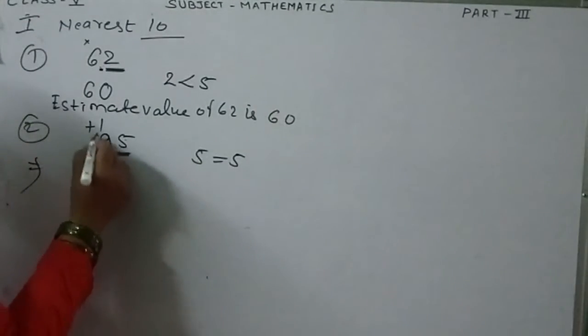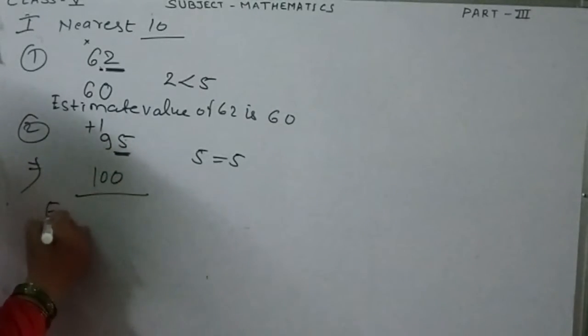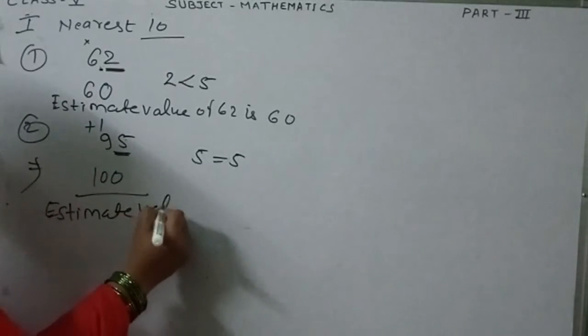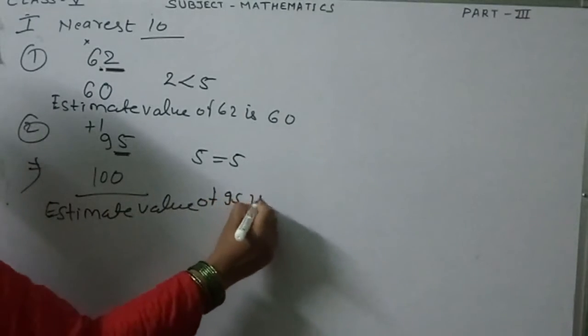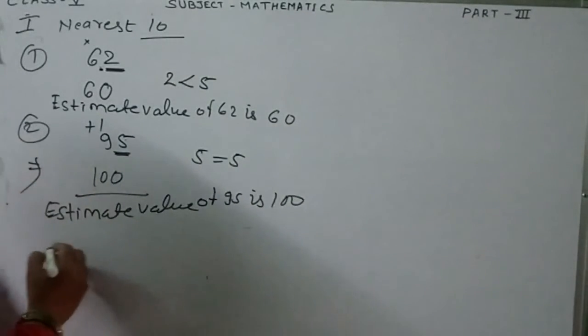Here 9 plus 1 is 10, and the rest will be 0. The estimate value of 95 is 100.